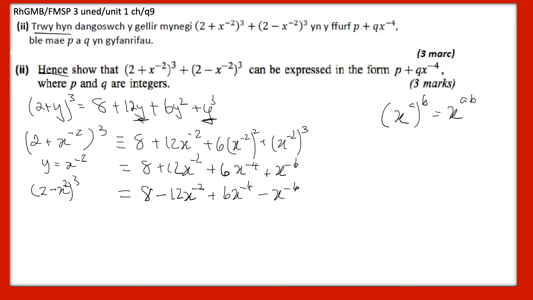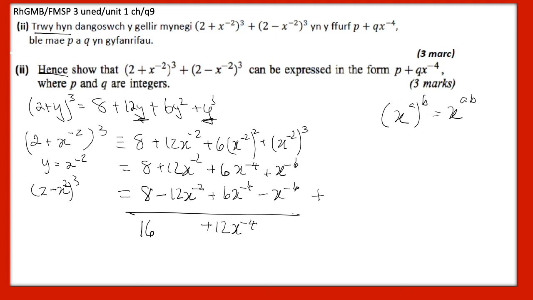Okay, and those two added together is going to give me 8 plus 8, which is 16. 12x to the minus 2 minus 12x to the minus 2 disappears. I've got 6x to the minus 4 plus 6x to the minus 4, which is 12x to the minus 4. And x to the minus 6 minus x to the minus 6 disappears.